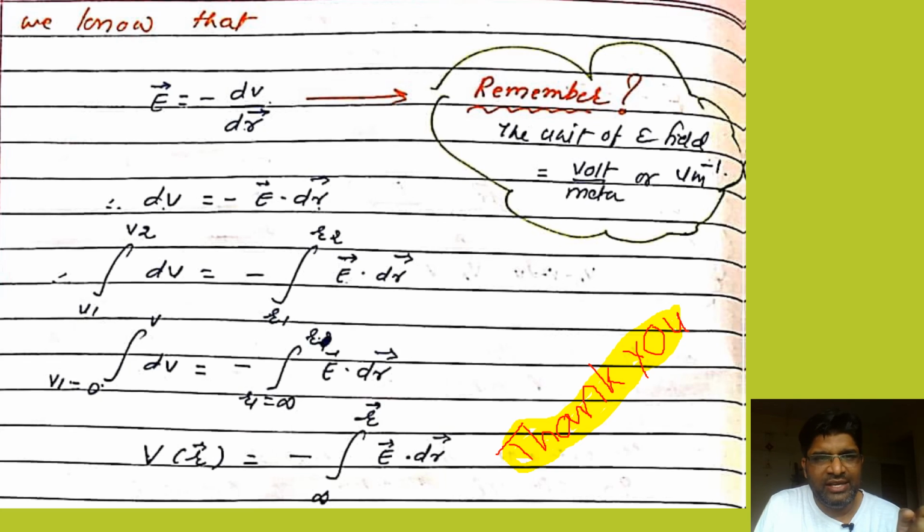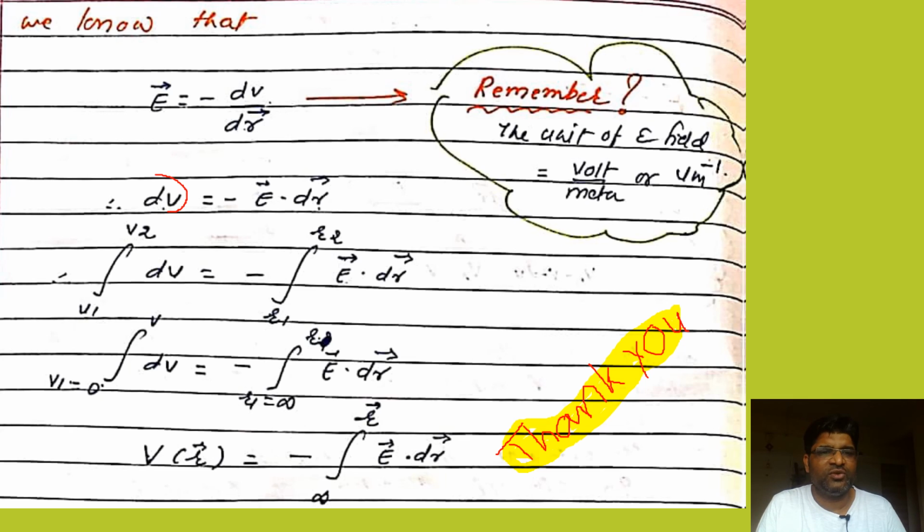We know that E is equal to minus dV by dr. So if you take this dr on this side and integrate this equation on both sides, let's put the limits.